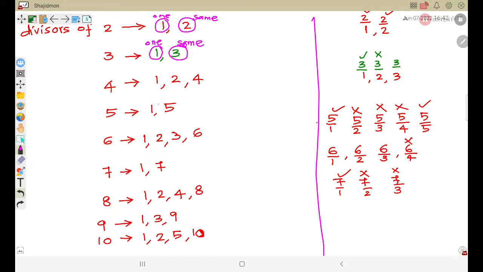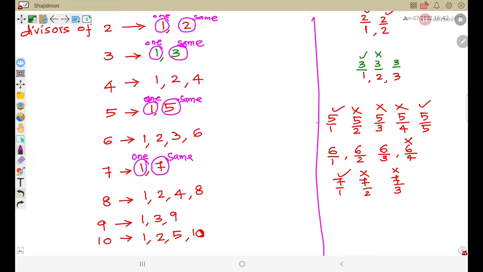Now number 5, what are the divisors of the number 5? Same, 1 and the same number, correct? Now number 7, what are the divisors? Number 1 and the same number, correct? Like that it is going.